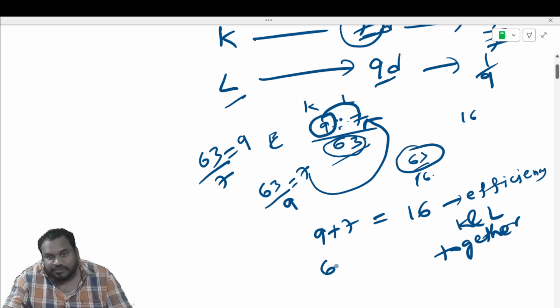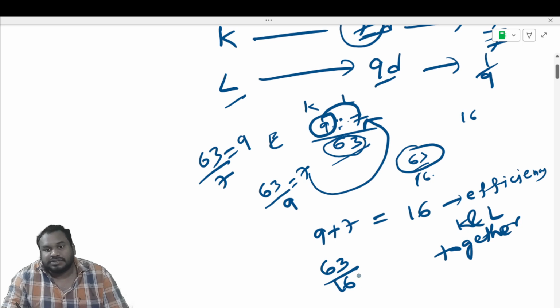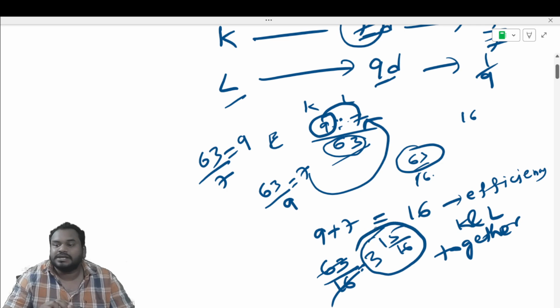So total number of works divided by total efficiency will give you the time it takes to complete the work. Then it is 63 by 16, which is 315 by 16 days, the time taken by both K and L together to finish this work.